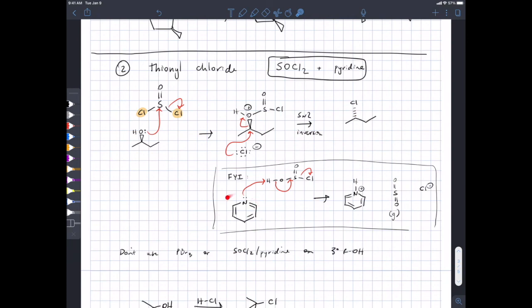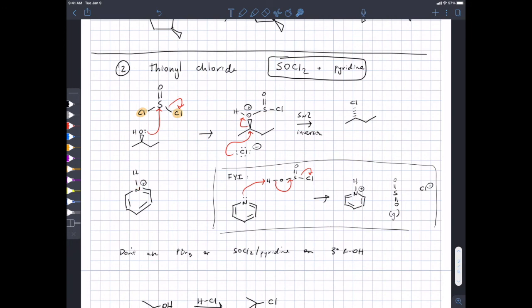So the question is, how is pyridine able to remove the proton without also being a threat at the alpha carbon? And the answer is, you just need to look at the conjugate base of pyridine, or imagine what it would look like if it attacked the carbon. It would be permanently positively charged.